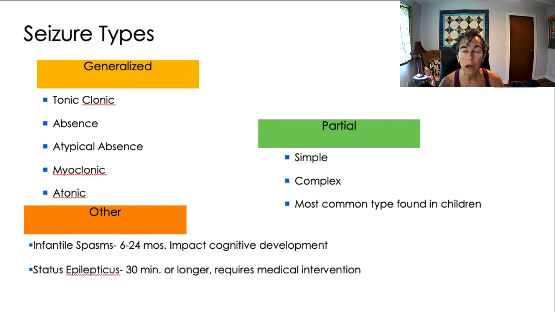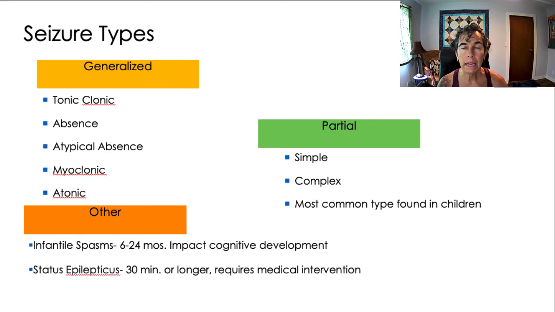We have a couple other types of seizures which we'll see in pediatrics. One is infantile spasms. This happens between 6 and 24 months of age, and it impacts cognitive development. So it's a form of seizure that happens for that period, then it resolves, but it can very much impact cognition.